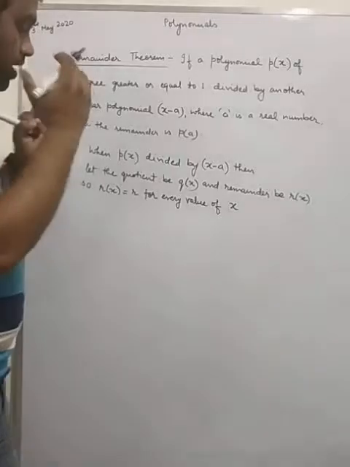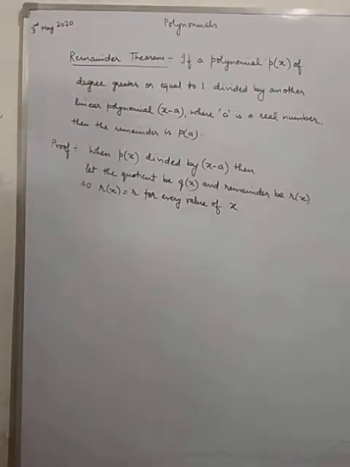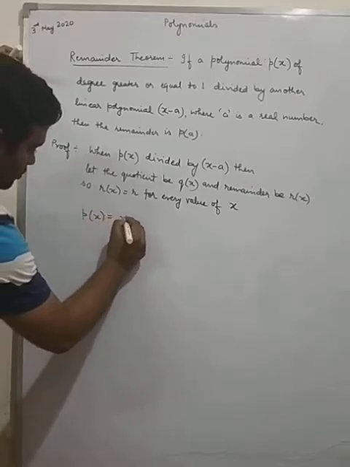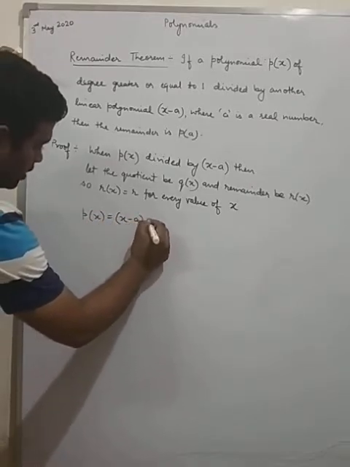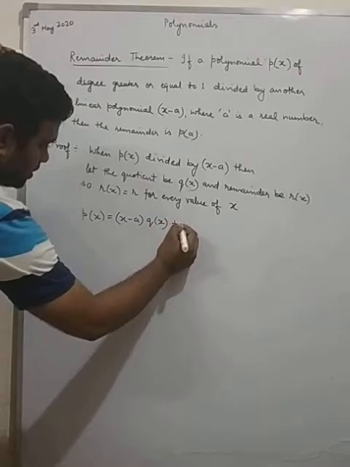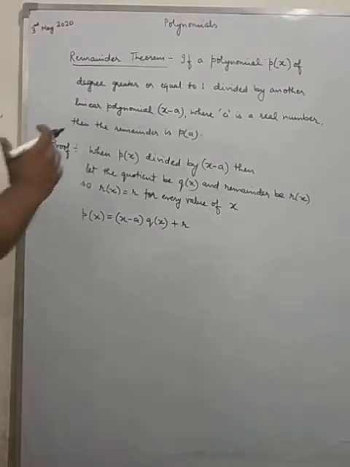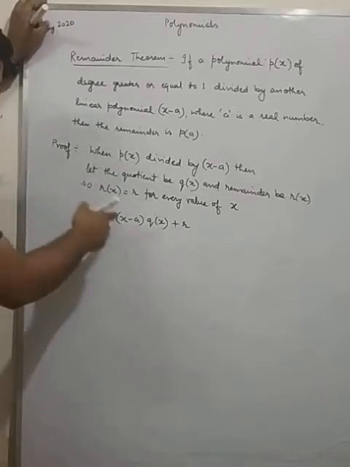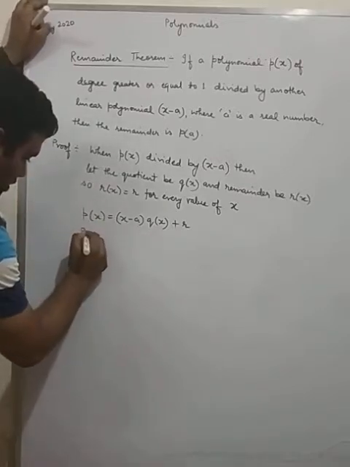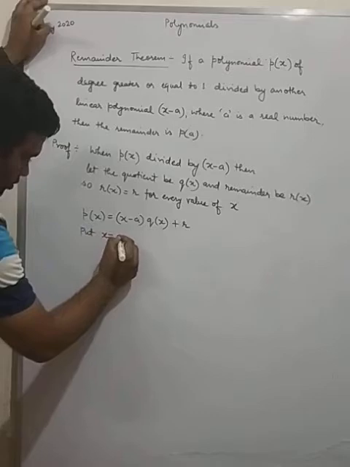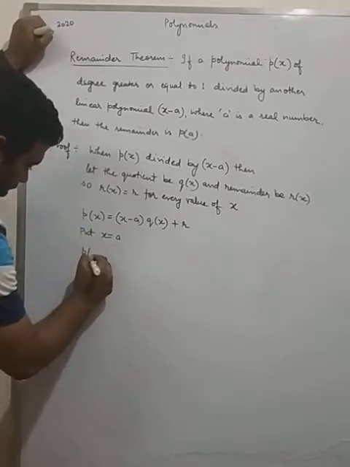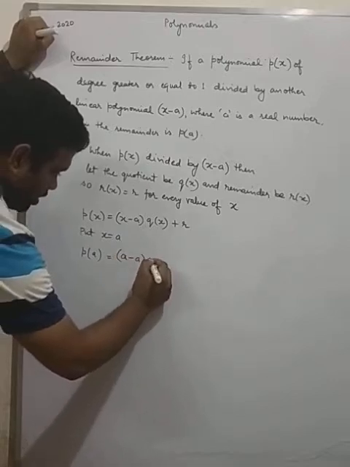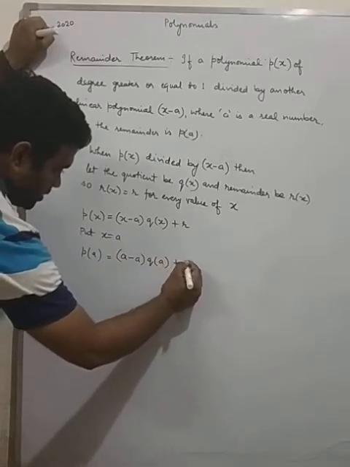Now, after applying the division algorithm, p(x) is equal to (x minus a) q(x) plus r. In particular, if we put x equal to a, then p(a) is equal to (a minus a) q(a) plus r.